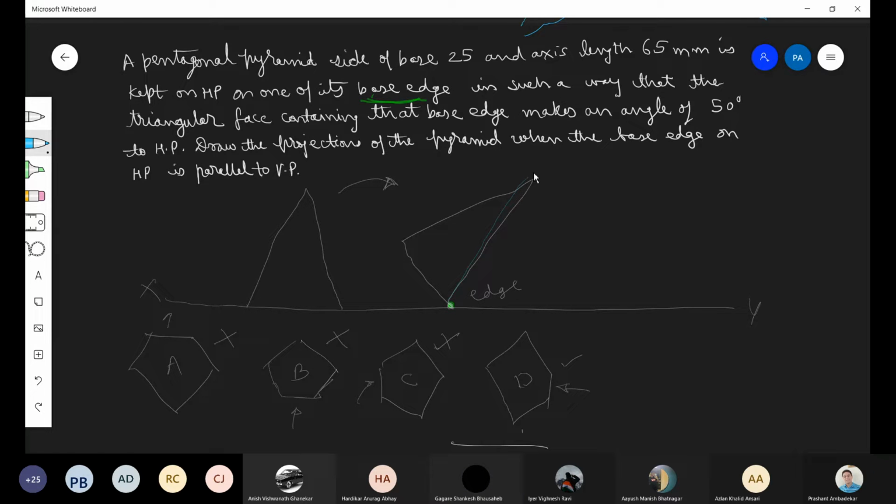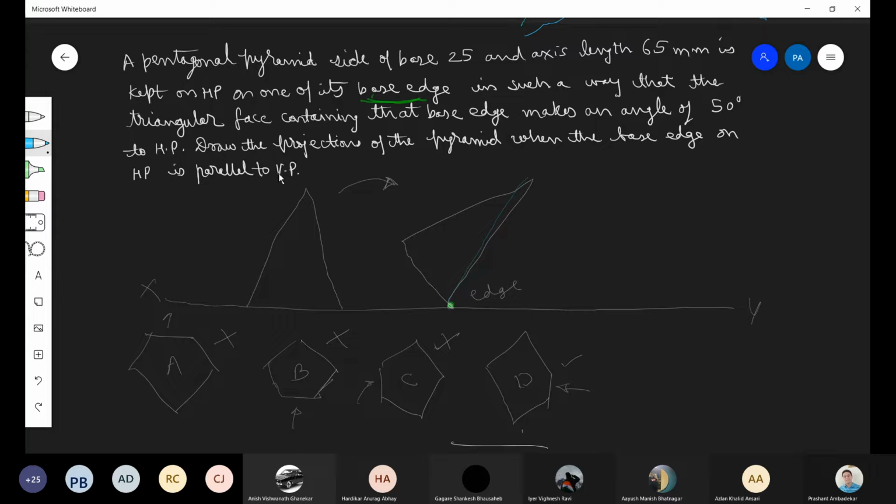No, see, whenever a question is read, it is clear that you have a question which is inclined to HP and inclined to VP. So there are two conditions. It is inclined to HP, it is inclined to VP. Always the first condition is given and then the second condition. So when you read this, draw the projection of the pyramid when the base edge on HP is parallel to VP.